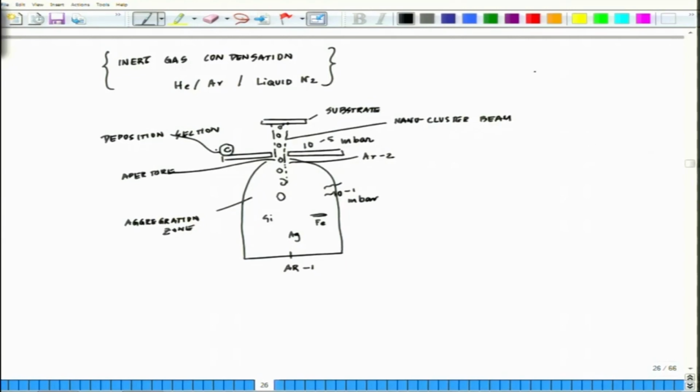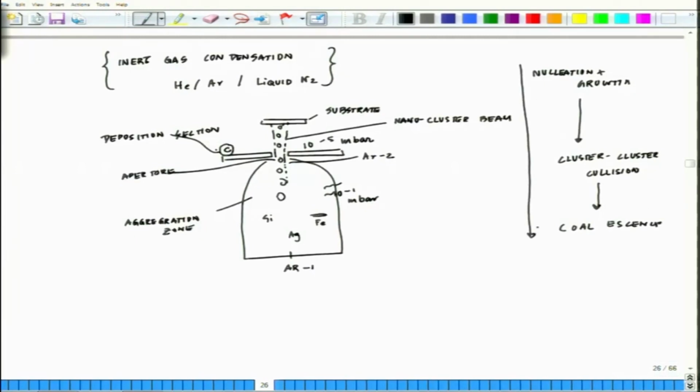One is nucleation and growth, that is the first step, followed by cluster collision, and lastly you have coalescence. So, these are the 3 steps where inert gas condensation is used to synthesize different kinds of nanoparticles.